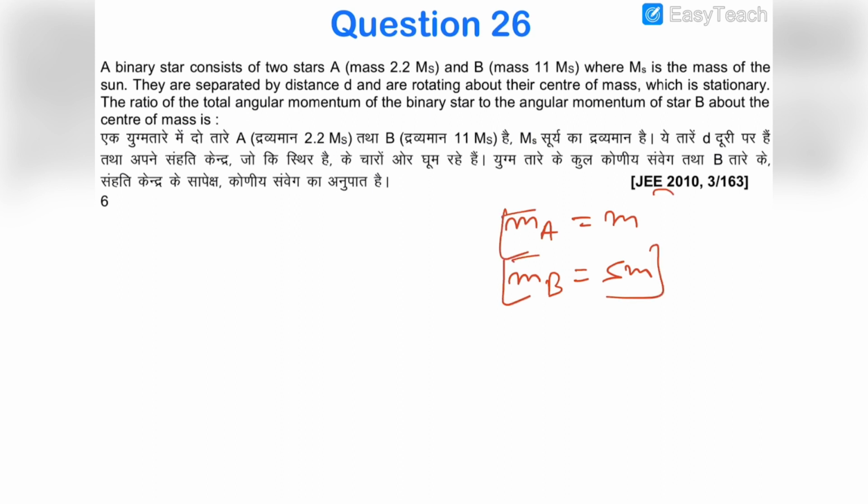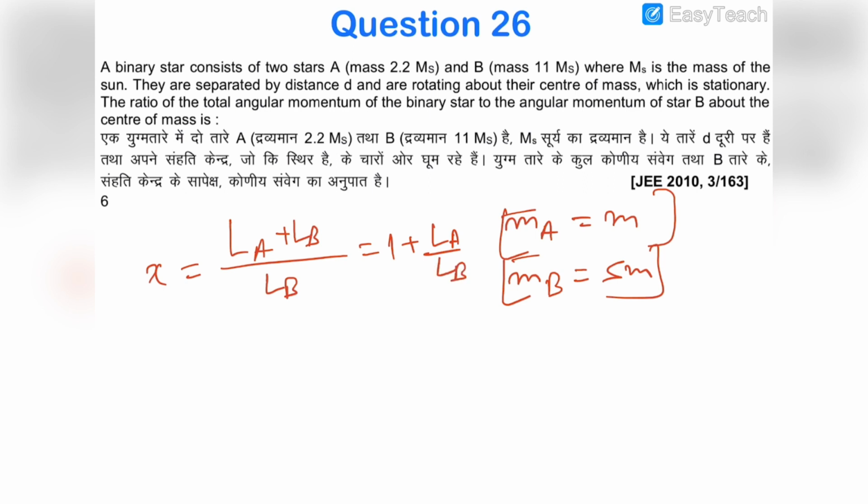We have to find out the ratio of total angular momentum of this binary star to the angular momentum of star B. So the total angular momentum is LA plus LB upon the angular momentum LB. So let us suppose that this is X. So X is 1 plus LA by LB.